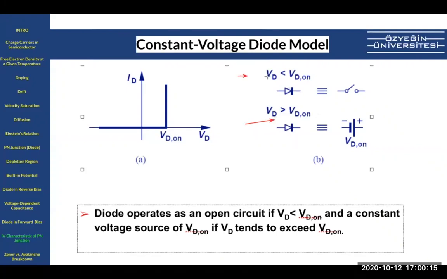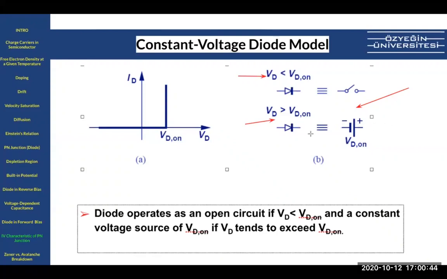When the applied voltage is less than the diode on voltage, the diode is off, which shows that we can use this diode as a switch. So you apply less than VD on, you open the circuit. You apply more than VD on, then you connect the circuit.